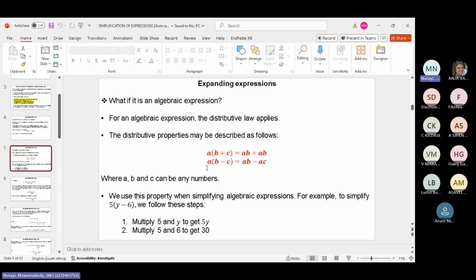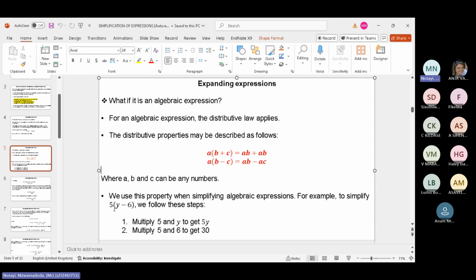And then the second one is A multiplying B minus C. So we multiply A and B first to get AB, and then minus A times C, to get AC. A, B, and C can be any numbers. So we use this property when simplifying algebraic expressions.